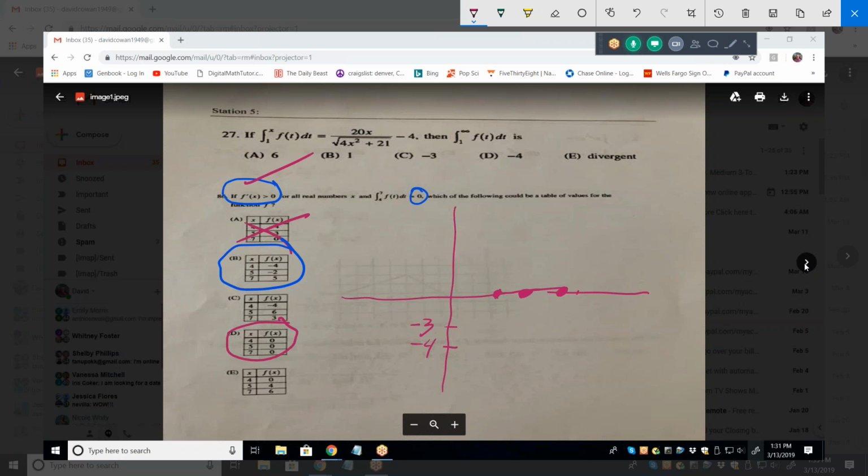Or if I'm not going to go up, I've got to stay exactly on a straight line, which has a slope of 0, not greater than 0. So that one doesn't work. And if you plot these other two, you will find much the same as A, where they don't give you anything that can give you equal area above the x-axis as below. And that's what you have to have.